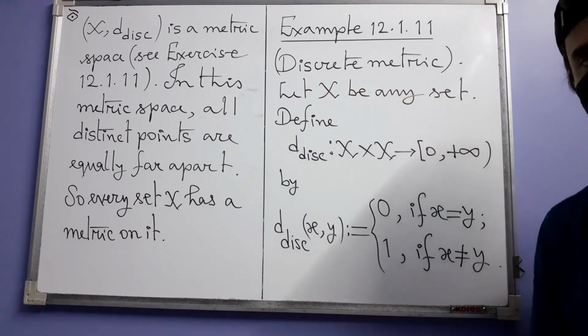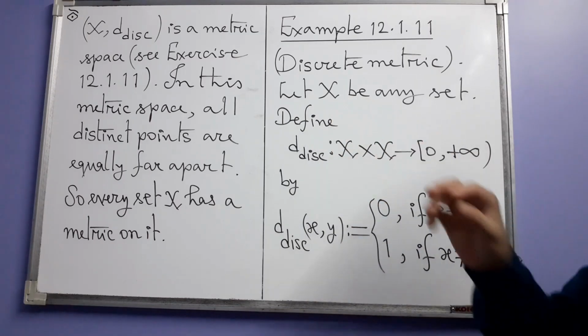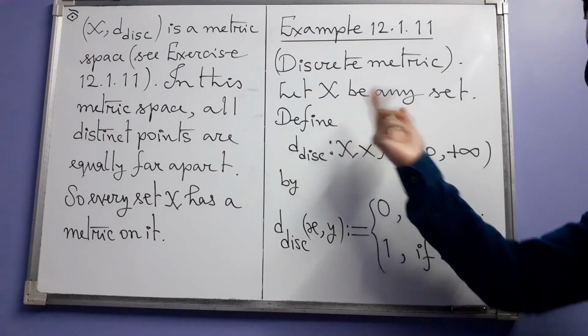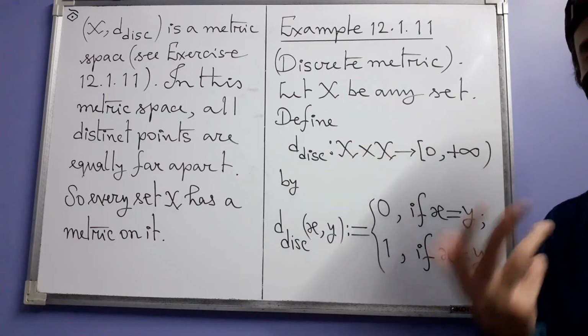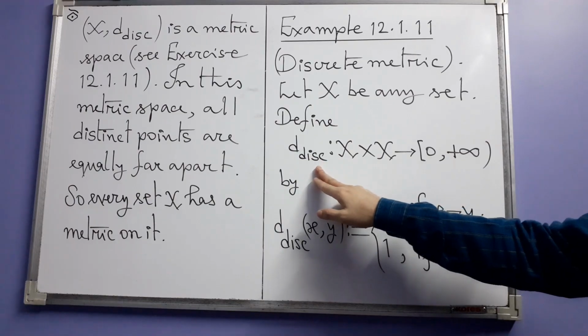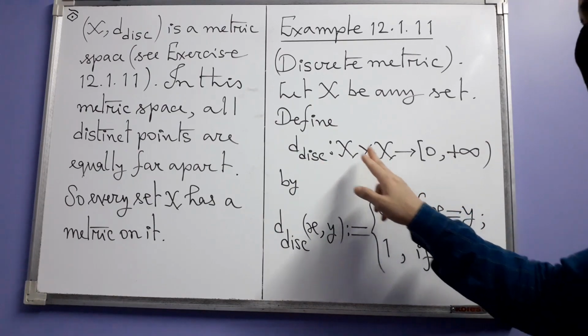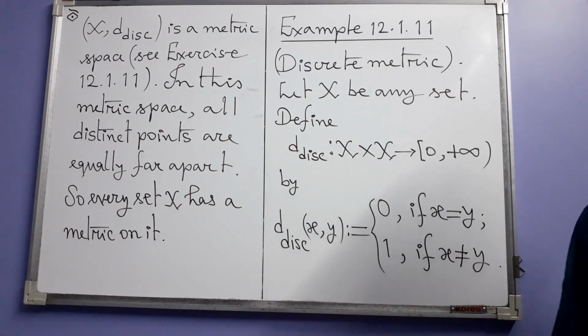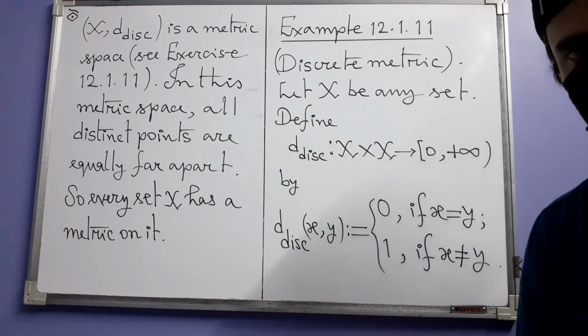Any set, okay. We are no longer considering necessarily Rn or anything else. This can be any set. This may in fact be a finite set as well. Now the distance function that we define on this X, we are calling it d suffix disc. Disc stands for discrete.